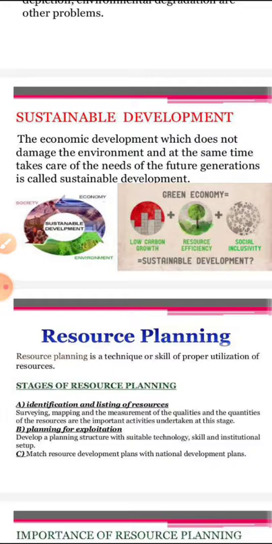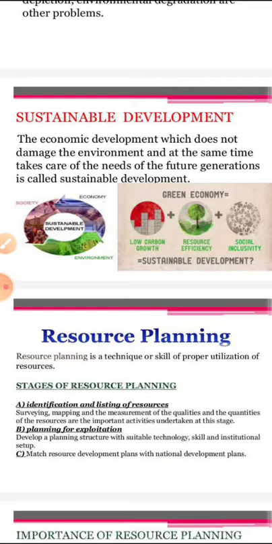Now, how to come out of this problem of socio-economic and environmental problems that we are facing due to the indiscriminate utilization of resources? Here, sustainable utilization of resources or sustainable development can help us a lot.